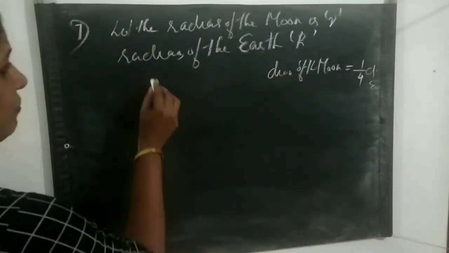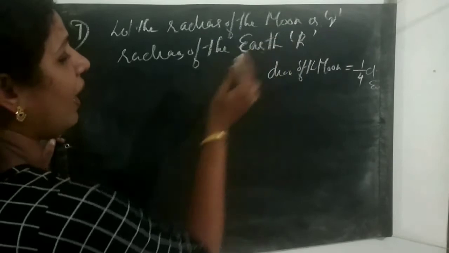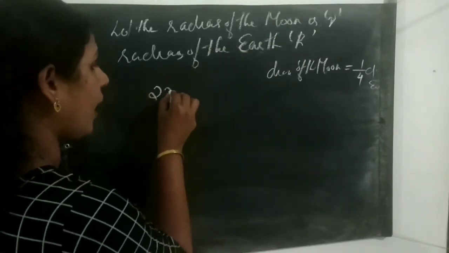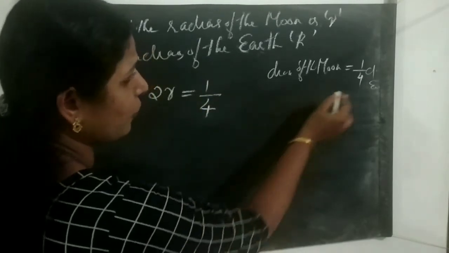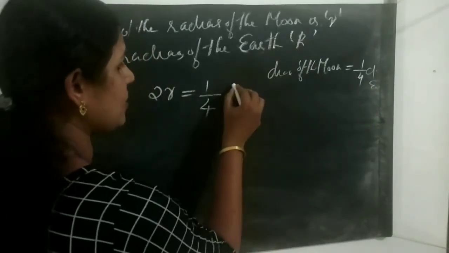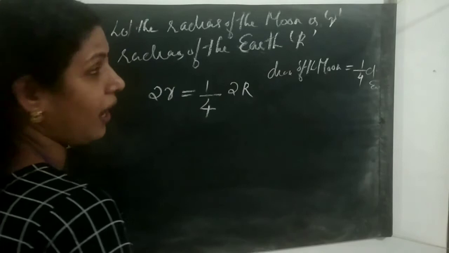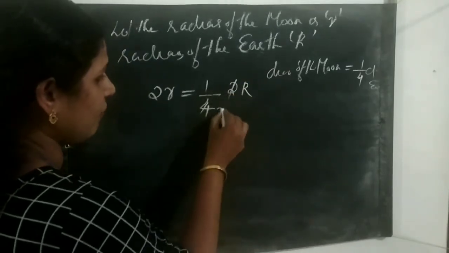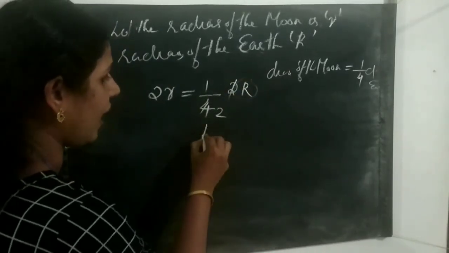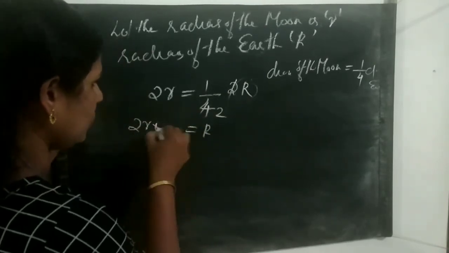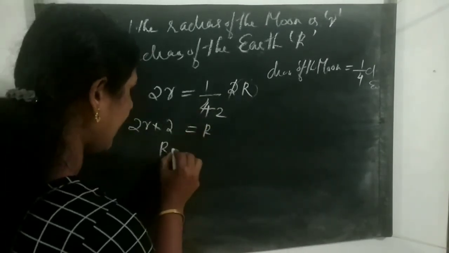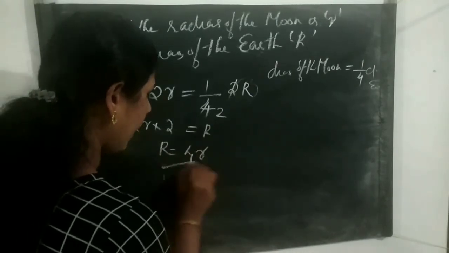So diameter of the moon, radius is r, so diameter is 2r equal to 1/4 of the diameter of the earth. That means 2 capital R. From this we have to find capital R equal to what? That is 2r into 2, that is capital R equal to 4r.